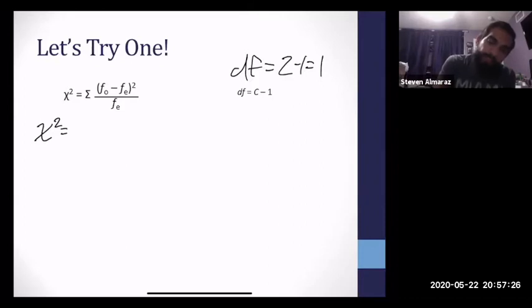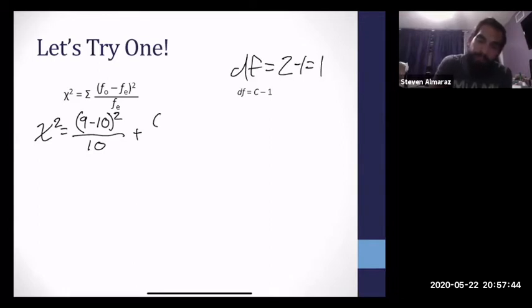First we start with our first observed frequency, that was for heads. That observed frequency was 9 minus 10 squared over expected frequency, which was 10. And we're doing the sum of, so we'll add that to 11, our observed frequency for tails, minus 10 squared divided by 10.